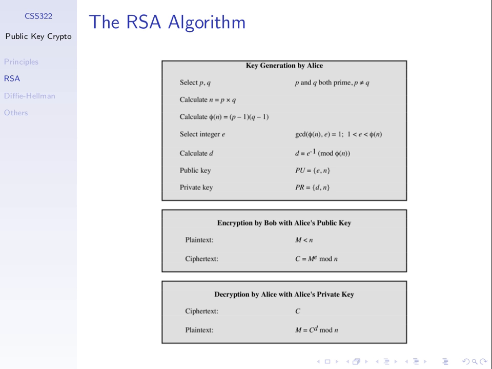To encrypt, for confidentiality, Bob takes Alice's public key, takes a plaintext M, some integer, which must be less than N, and raises M to the power of Alice's E, mod N. We get the ciphertext. When Alice receives that ciphertext, she takes her private D, C to the power of D, mod N, and gets the original plaintext back.